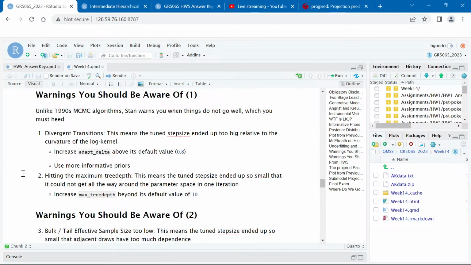That means, like I was talking about, Stan has to take little steps to get around the posterior distribution. And if the posterior density, or the logarithm of it, is changing too rapidly, then even taking little steps causes you to miss some of the posterior mass there. If you are taking steps that are a little bit too big, and then another step a little bit too big, and another, you take more and more steps, and eventually you just go off instead of U-turning.